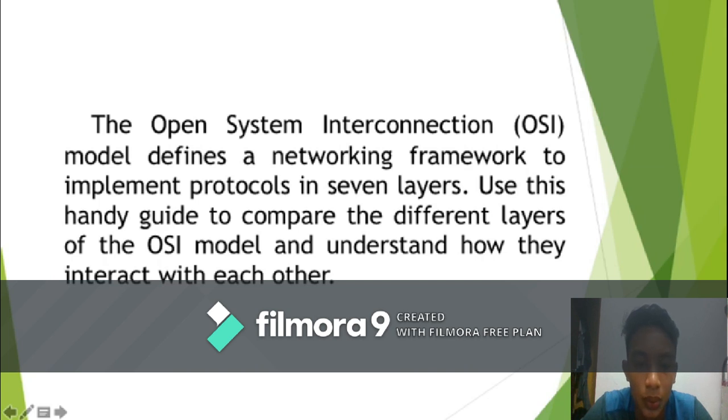In the OSI model, control is passed from one layer to the next. That is the hierarchical guide of it. Control is passed from one layer to the next, starting at the application layer, which is layer 7.